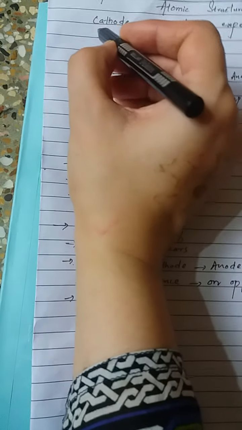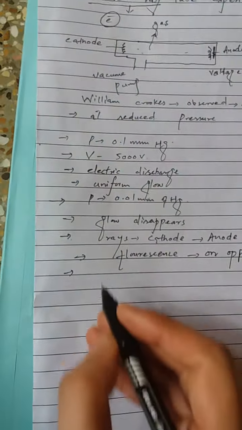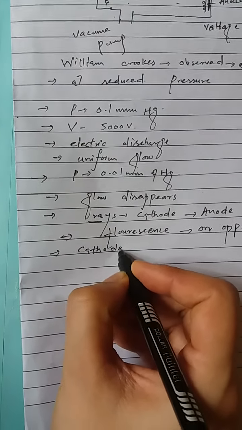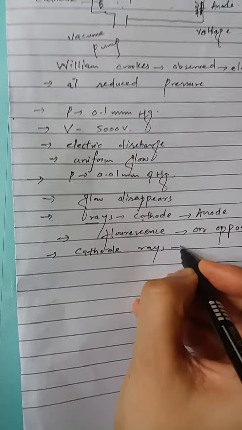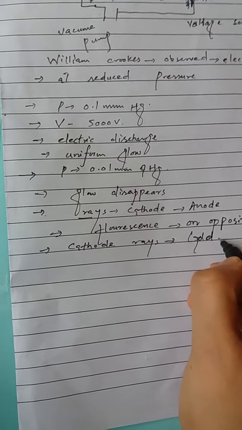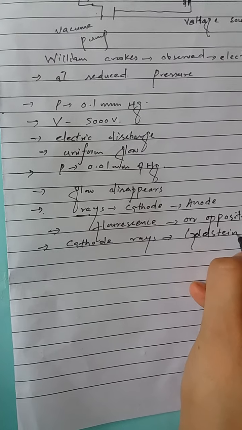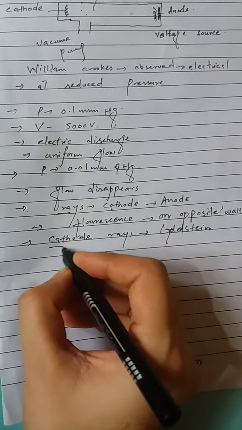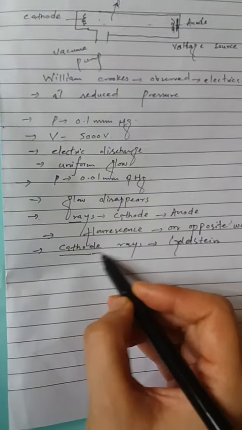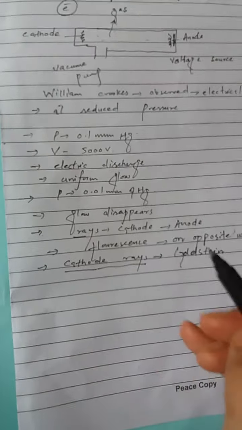In this way, cathode rays are produced. These rays are known as cathode rays by Goldstein. Because these rays were originated from cathode, so that's why these are known as cathode rays.